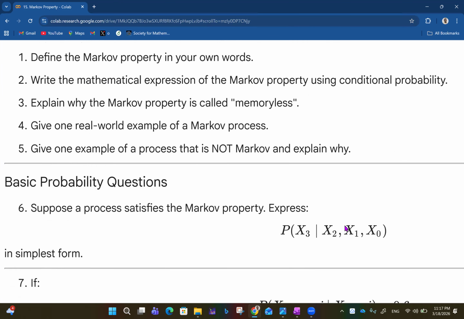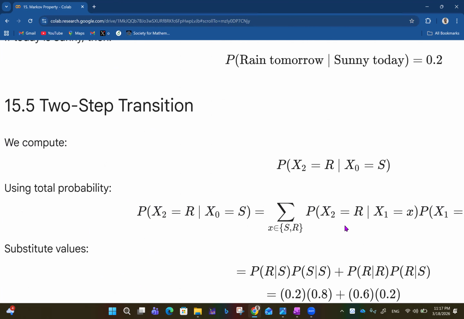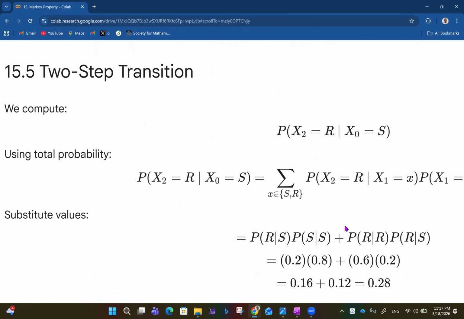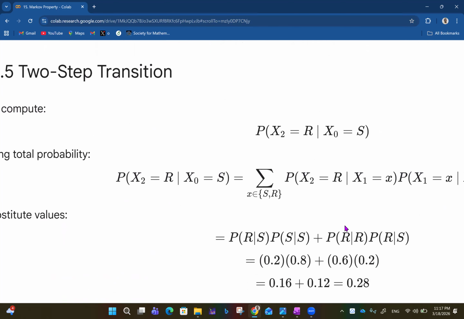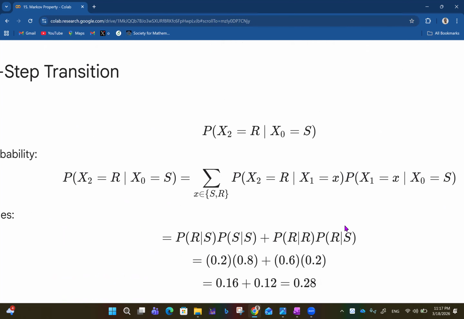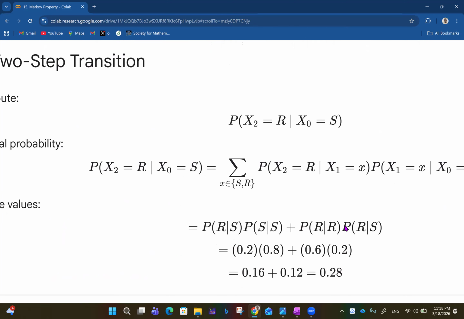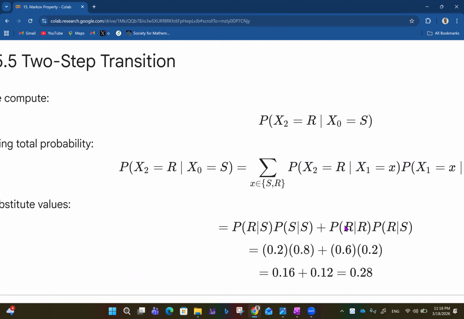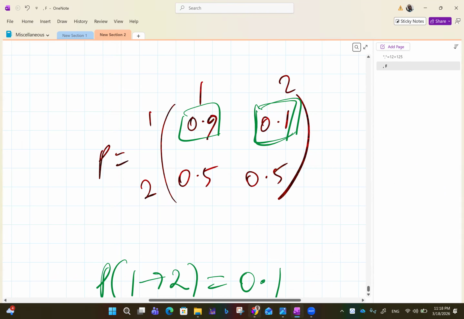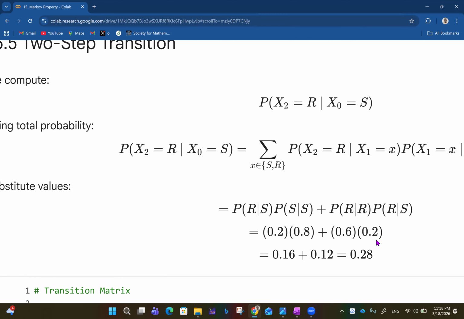So this is what I'm referring to. This particular one, we have this kind of two-step transition. So x2 is R, x0 is equal to S. So we do RS, SS, then we do RR, RS. Okay, I think I should do that actually. I was trying to avoid it, but that's okay.